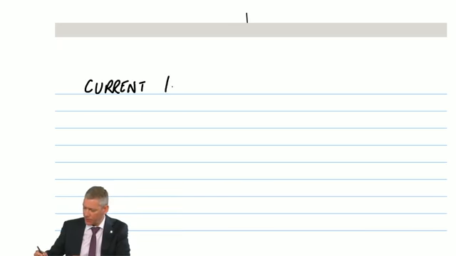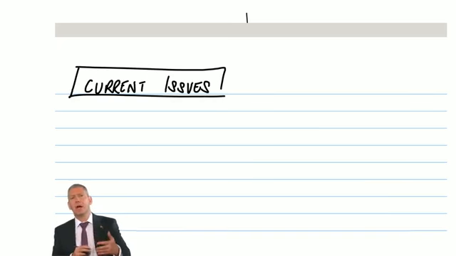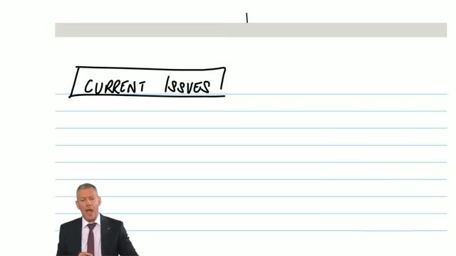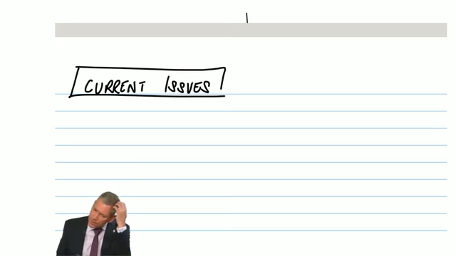Now, current issues are issues that are current in the examiner's mind. And the examiner is called Graham Holt, and he writes articles for the ACCA in a section called CPD.